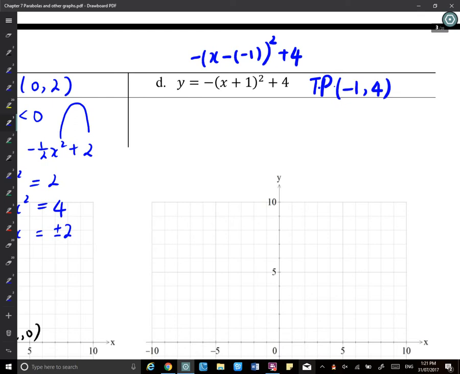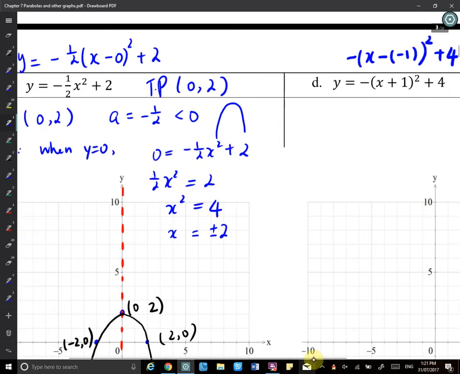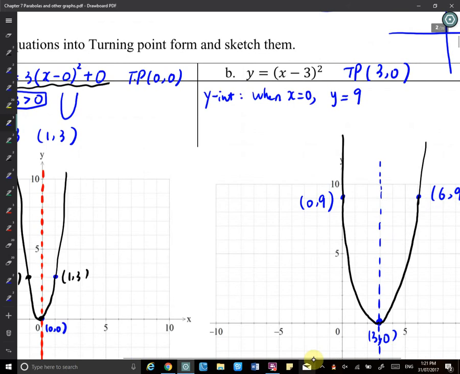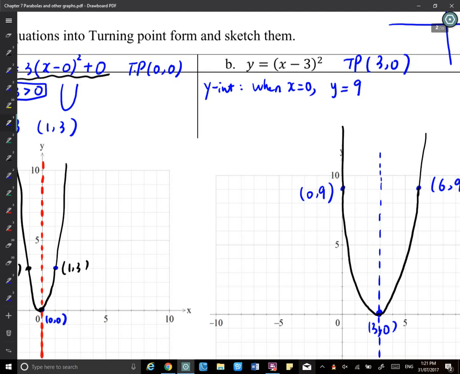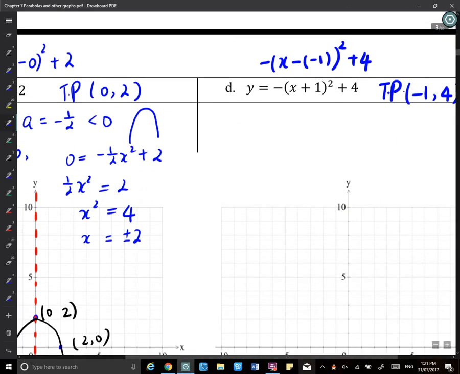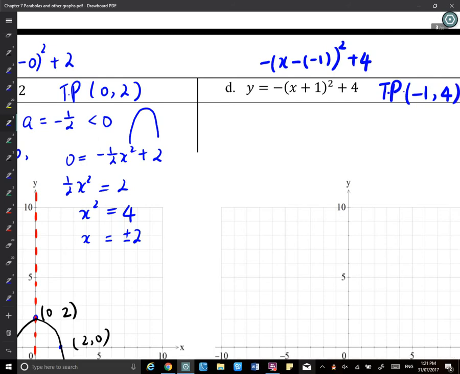What's the question? I can explain. That's a minus 3, so the turning point is 3. I need a minus something, so minus negative 1 is equivalent to plus 1.